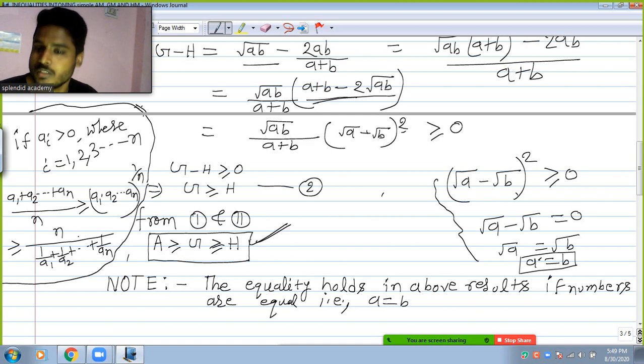So this is the harmonic mean, this is the geometric mean, and this is the arithmetic mean, and this is valid for n numbers. I have written this on this sheet as well, so it is also valid for n numbers.